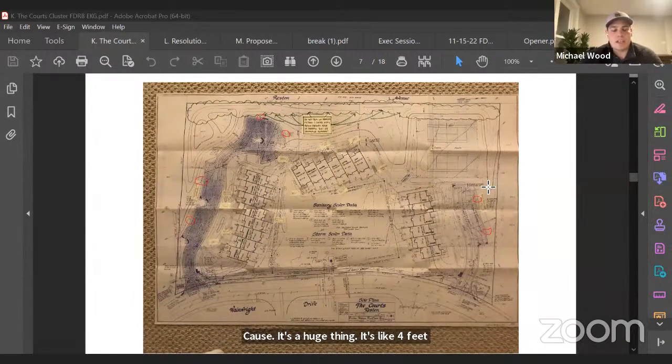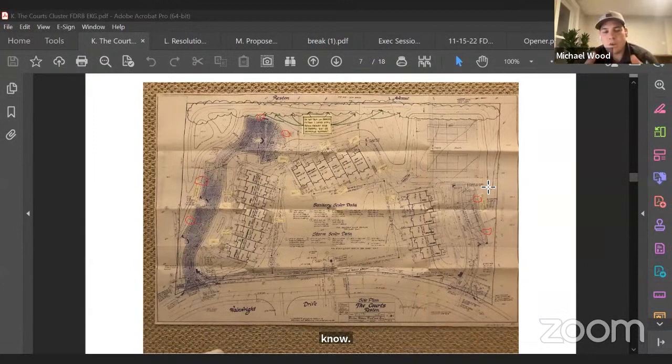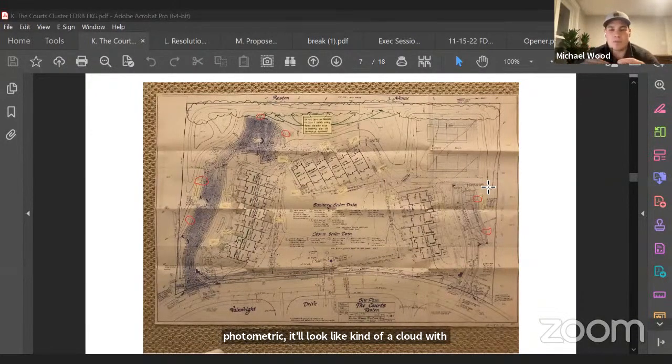Yeah, and even if you can just get a rough picture of it, even what you have here is fine. If you can get that photometric from the manufacturer, it'll look like a cloud with multiple rings, and it'll say if you have a 12-foot tall pole, our throw is going to look just like this picture.